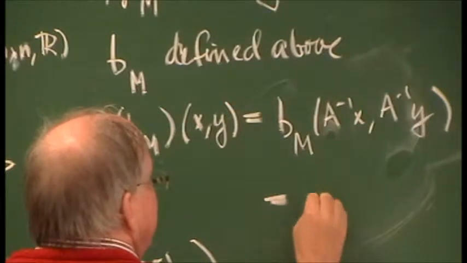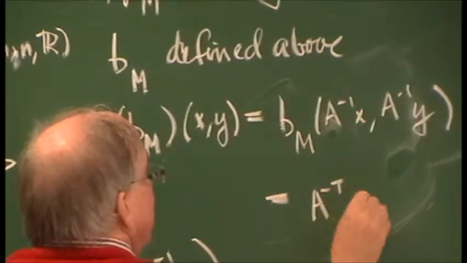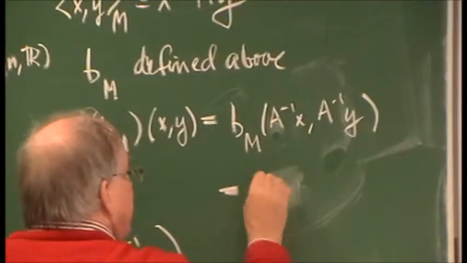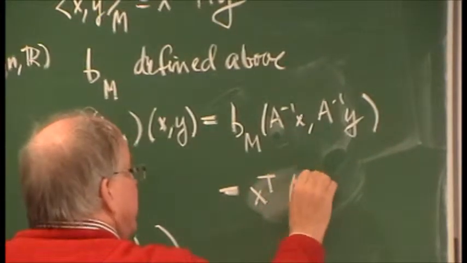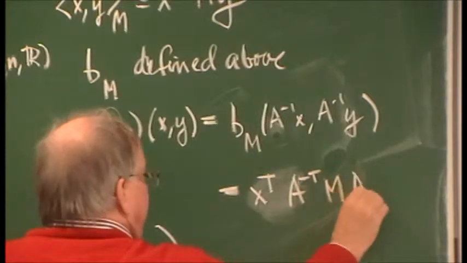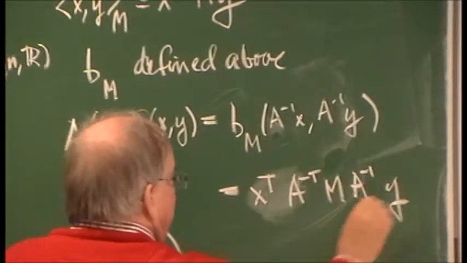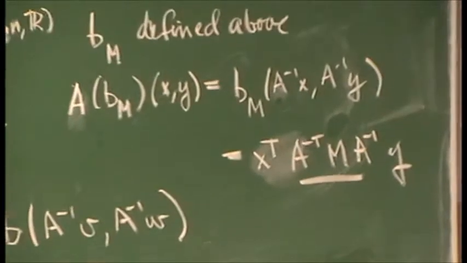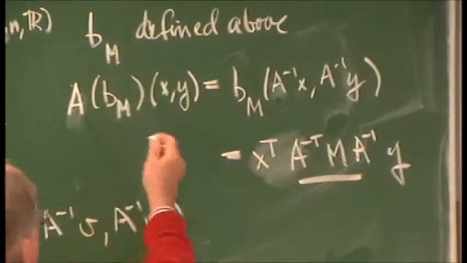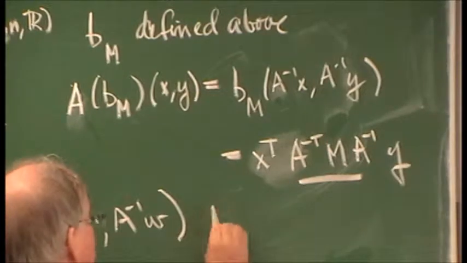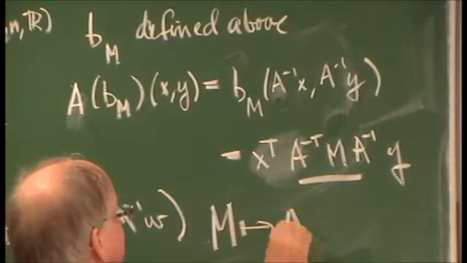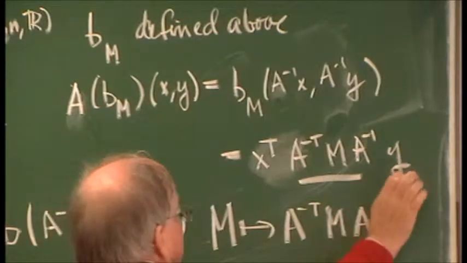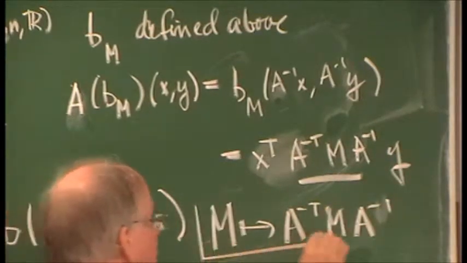This is a terrible thing. This is A inverse transpose M. It's x transpose A inverse transpose M A inverse y. So the action on bilinear forms in this realization is M goes to A inverse transpose M A inverse. This is the rule.